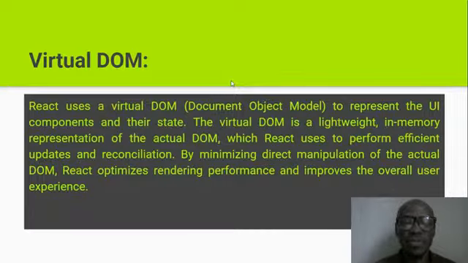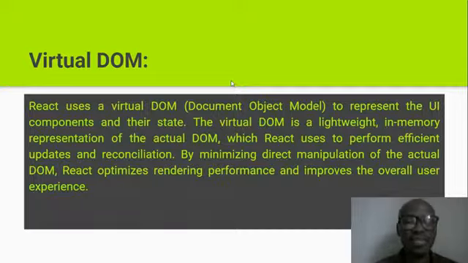One major concept of React is the virtual DOM. So the virtual DOM is basically a light in-memory representation of the actual DOM. Remember what the DOM is in JavaScript? It's that tree data structure representation of your page, of your UI.